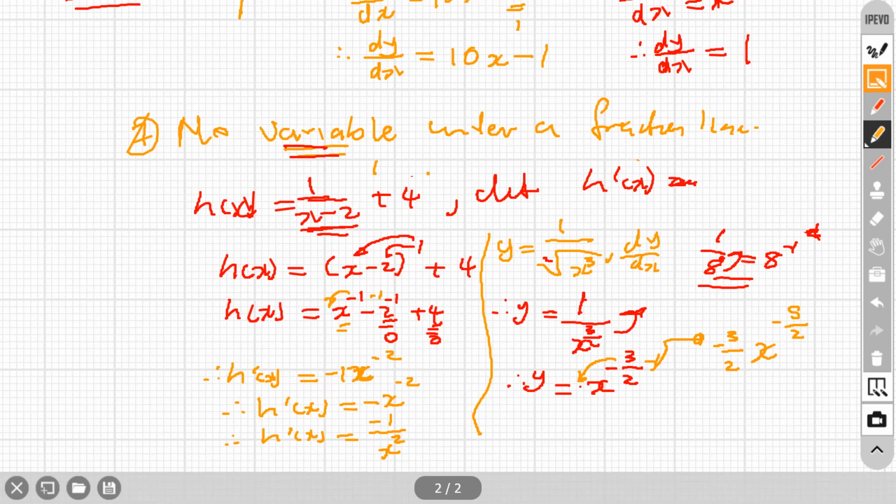If we bring this x down, remember we're asked to find dy over dx, which is equal to negative 3 over 2 times x to the power of 5 over 2.